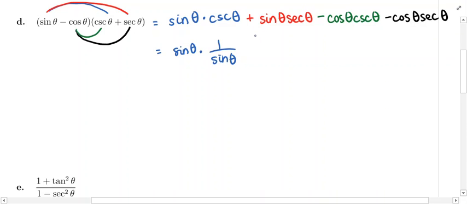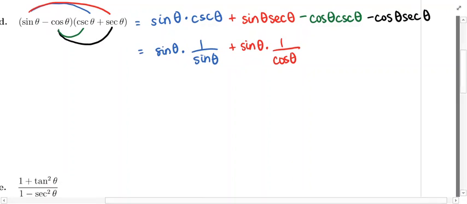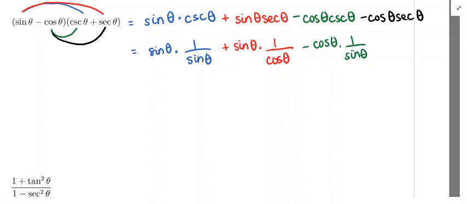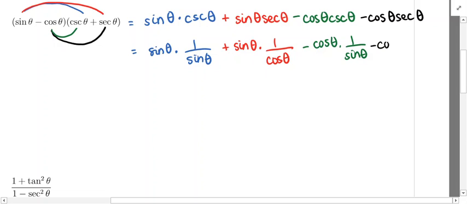Next, plus the sine of theta times the secant of theta, that's 1 over the cosine of theta. And then the green part, minus cosine of theta times the cosecant of theta, that's 1 over the sine of theta. And the last term is minus cosine of theta times the secant of theta, that's 1 over the cosine of theta.